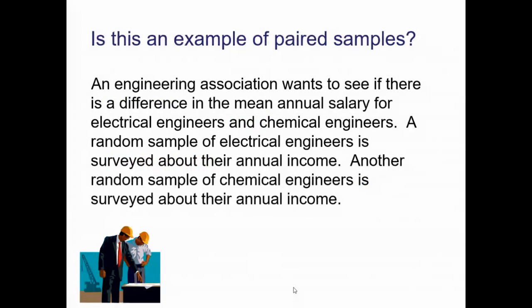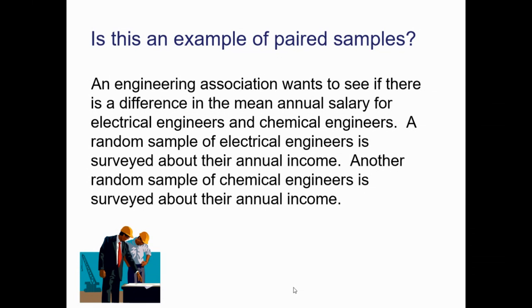Okay, so let's look at some examples. Is the following an example of a paired sample? An engineering association wants to see if there's a difference in the mean annual salary for electrical and chemical engineers. A random sample of electrical engineers is surveyed about their annual income.